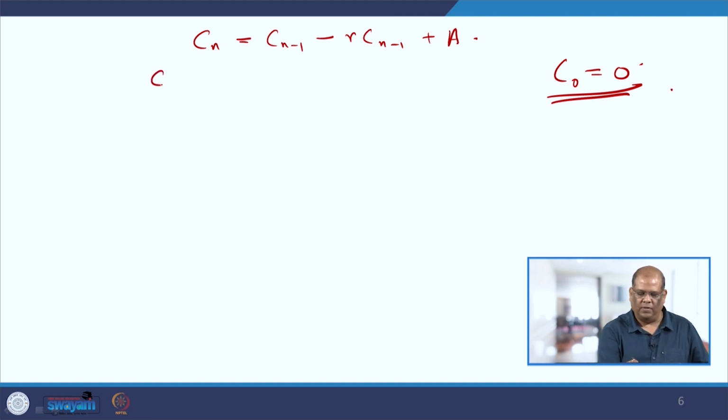I can get C1 by putting n equal to 1. This is C0 minus R times C0 plus A, and since C0 is 0, I only have A.